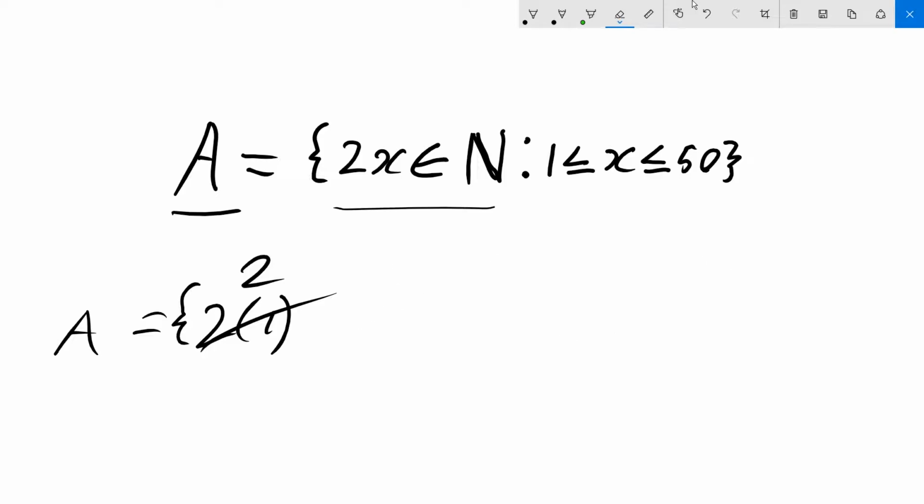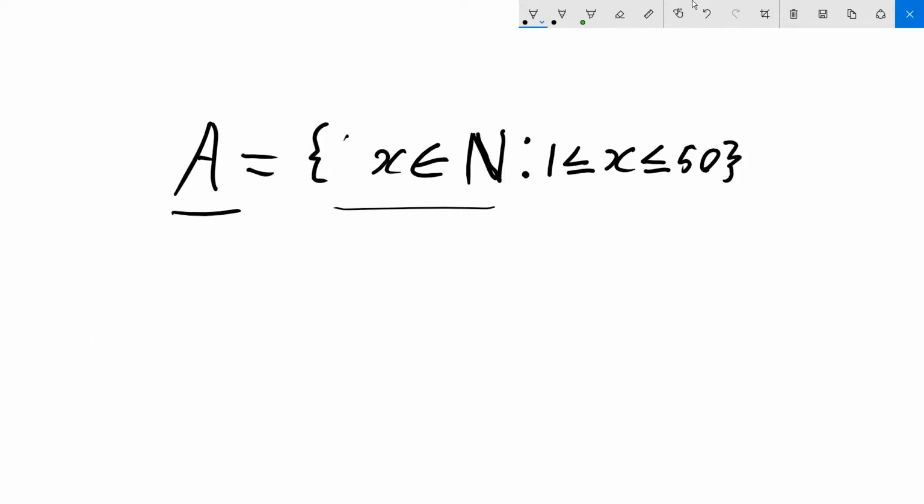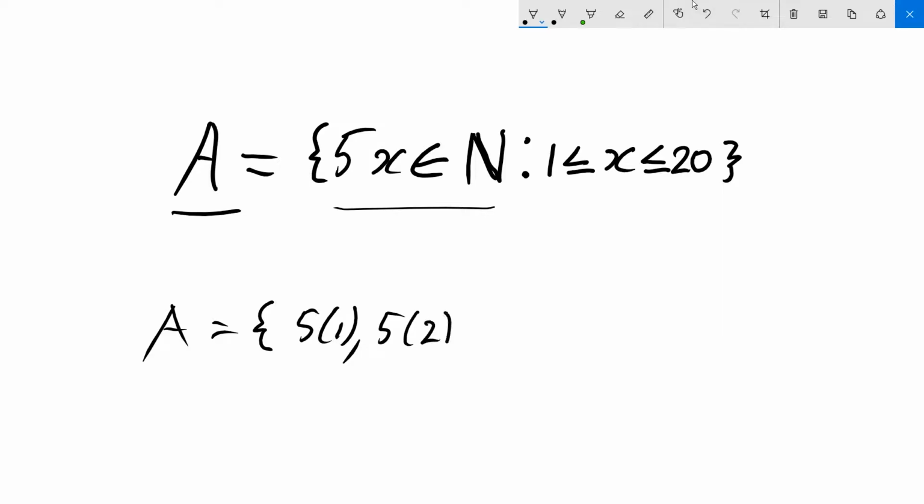What if we want all multiples of 5 between 1 and 100? Change this 2 to a 5, and change this 50 to 20. And now we have this as our set. So we have A is equal to 5 lots of 1, and then 5 lots of 2, and 5 lots of 3, all the way to 5 lots of 20.